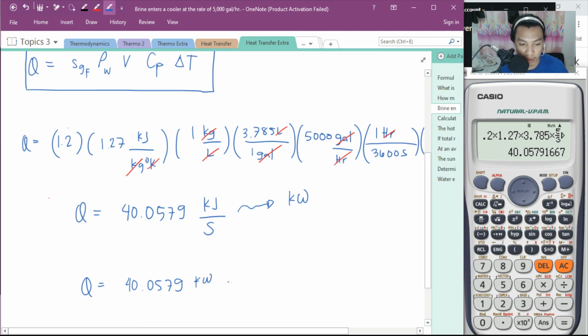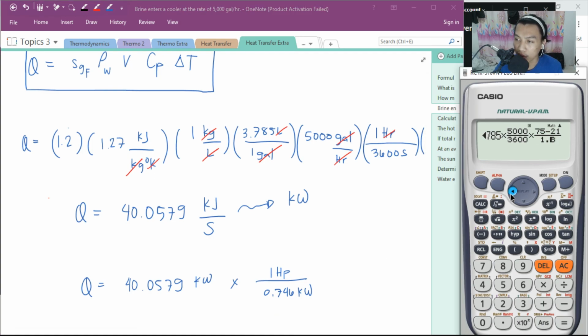Times 0.746 kilowatt per HP. Ay, mali. Di-divide pala to. Times 1 HP, 0.746 kilowatts.